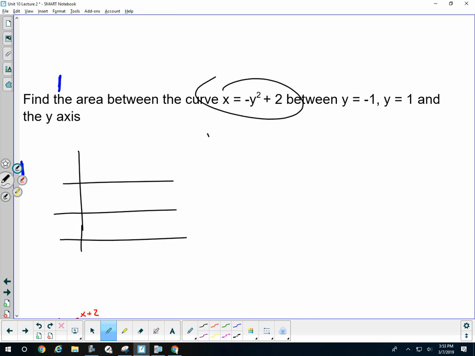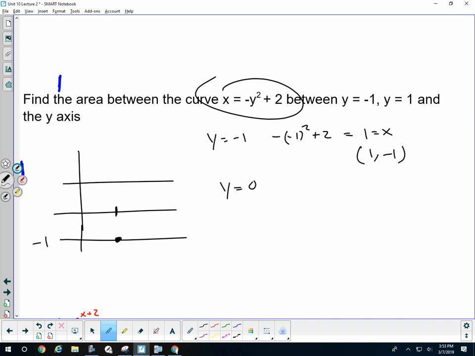So I'll throw in y equals -1. That will be -1 squared, take the opposite of it, add 2, so that would be 1. That would be the x coordinate, so I have the point 1, -1. So 1 is the x coordinate, -1 is the y coordinate.